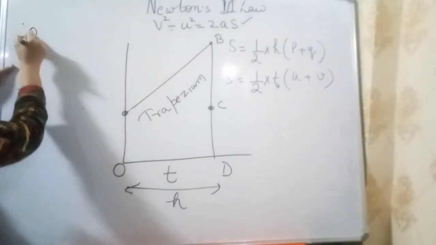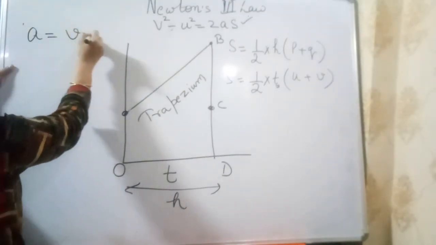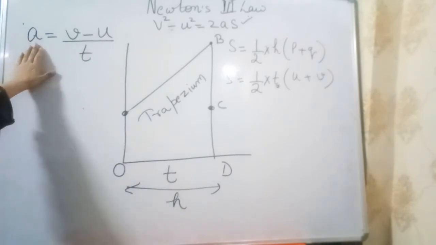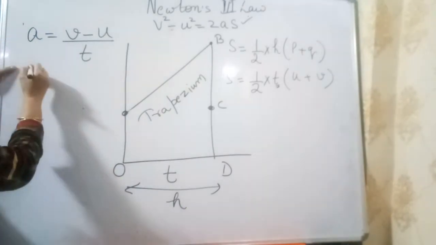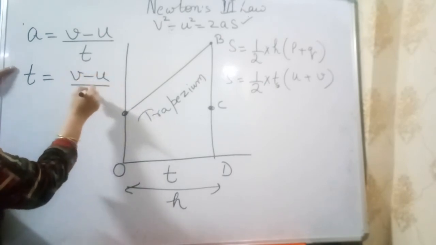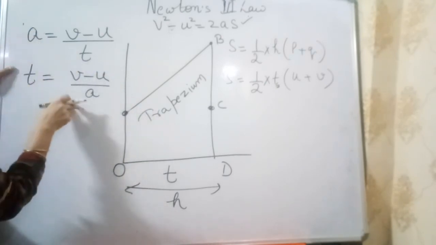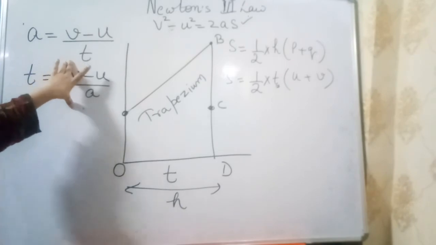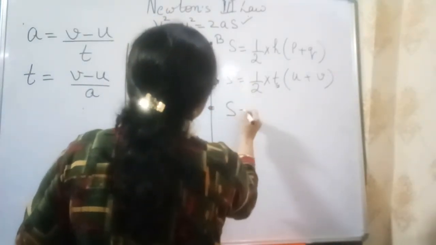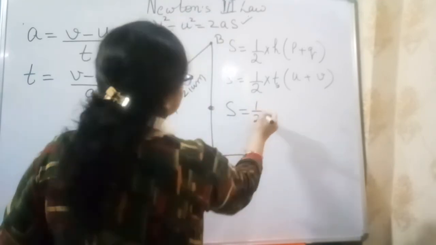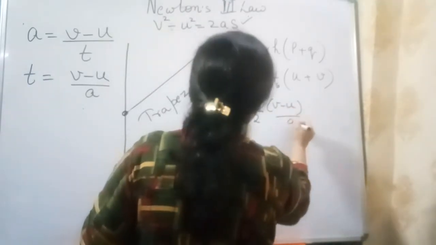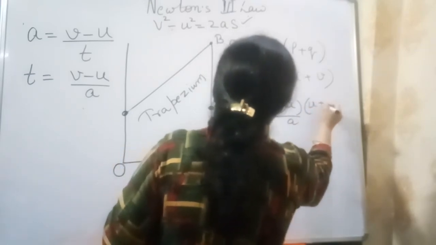We have the equation acceleration is equal to V minus U by T. You know this is the formula for acceleration. Now from here T is equal to V minus U by A. Now put this value of T here. That means we have S is equal to half into V minus U by A into U plus V.